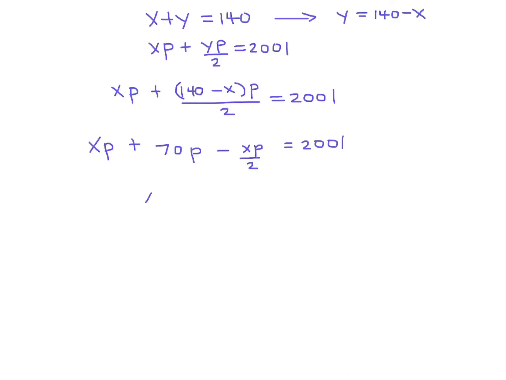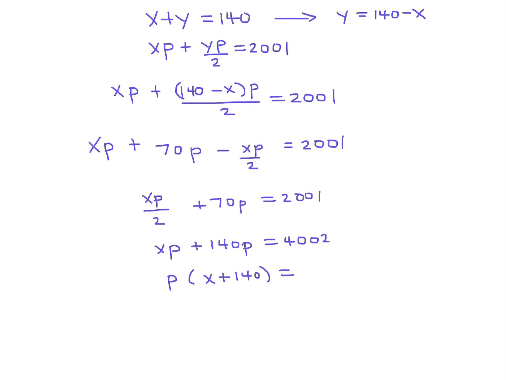So this looks like XP over 2 plus 70P is 2001. Multiply through by 2 and you get XP plus 140P is equal to 4002. And factor out the P and you'll get P times (X plus 140) is equal to 4002. And therefore P is equal to 4002 over (X plus 140).